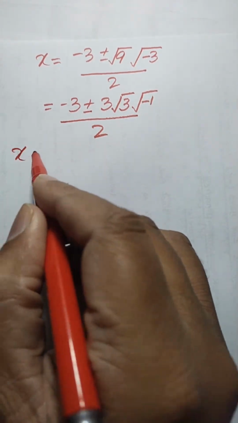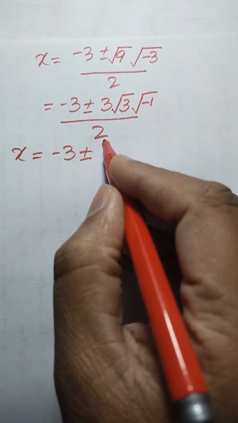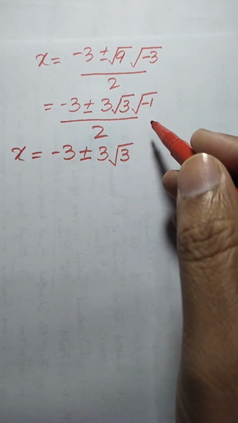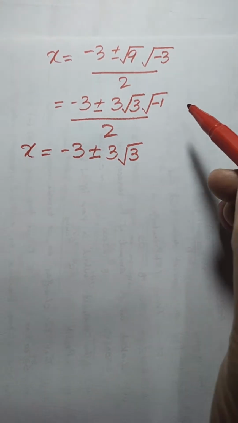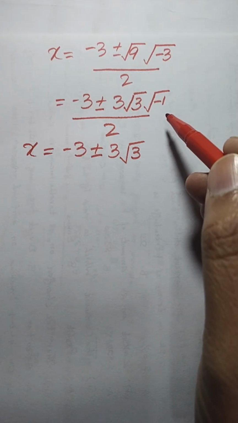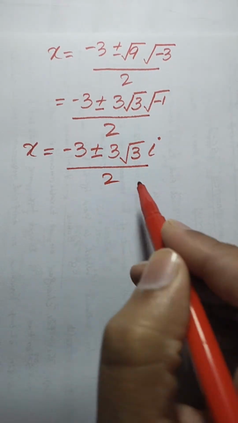So we have x is equal to minus 3 plus minus 3 times square root of 3 into, we know that when a negative sign appears inside the square root sign, it becomes iota. So this is iota, and it is divided by 2.